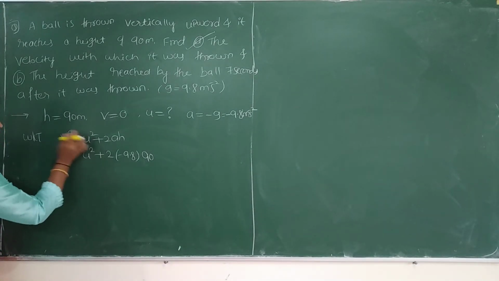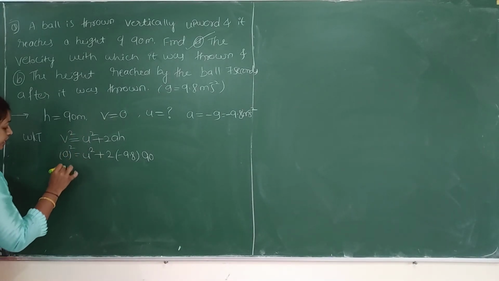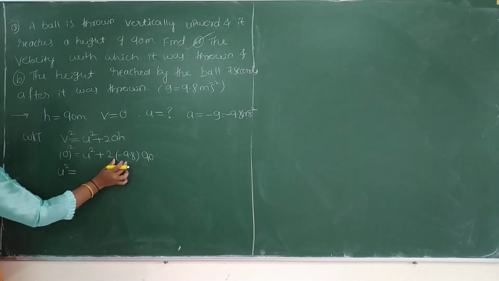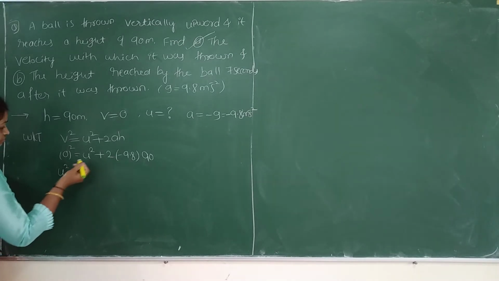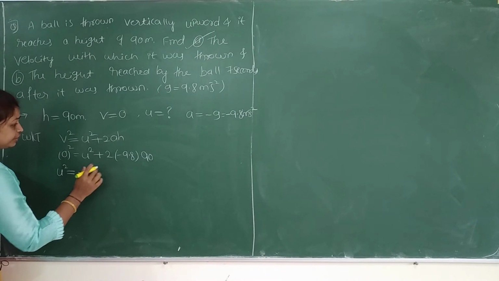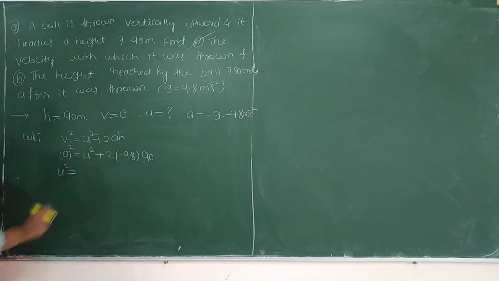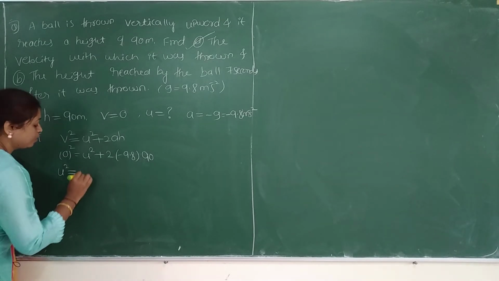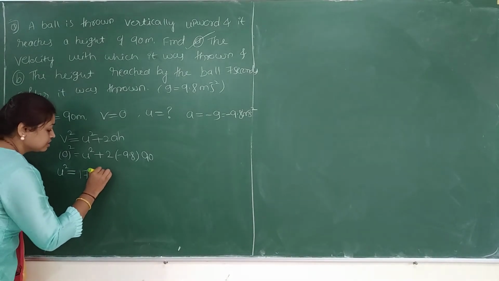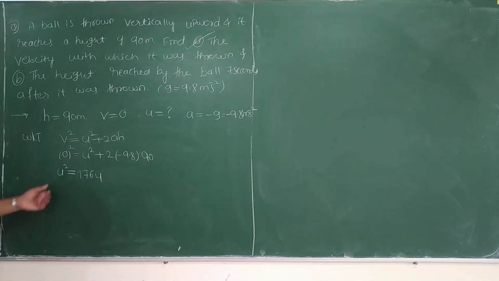Then take this u term to the left side. So u square equals, here minus is there, minus 2 into 9.8 into 90. How much will you get? Just calculate and tell me the answer. You will get 1764. This is u square.